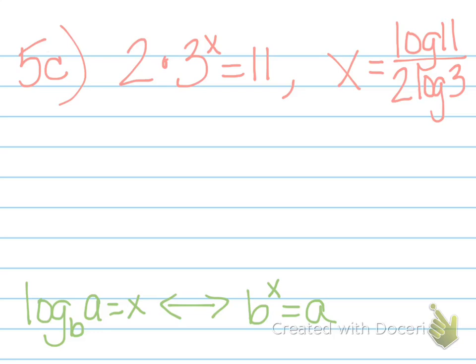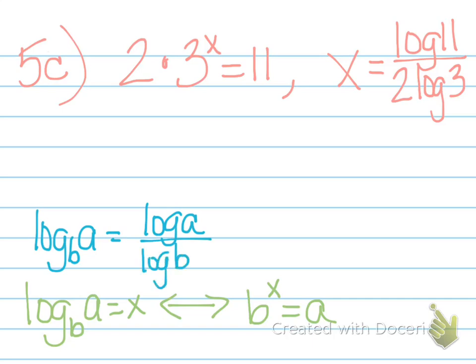Remember, the change of base property says that if I have log base b of a, that's equal to log of a over log of b. And that will change my base. If it's other than 10, it will change it back into base 10 by doing the division.